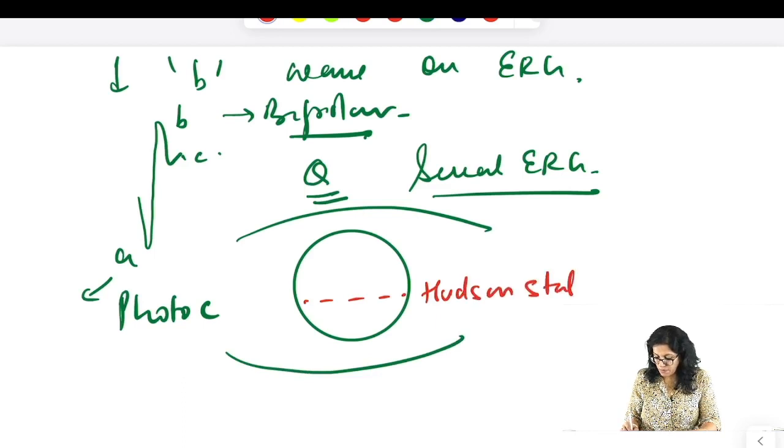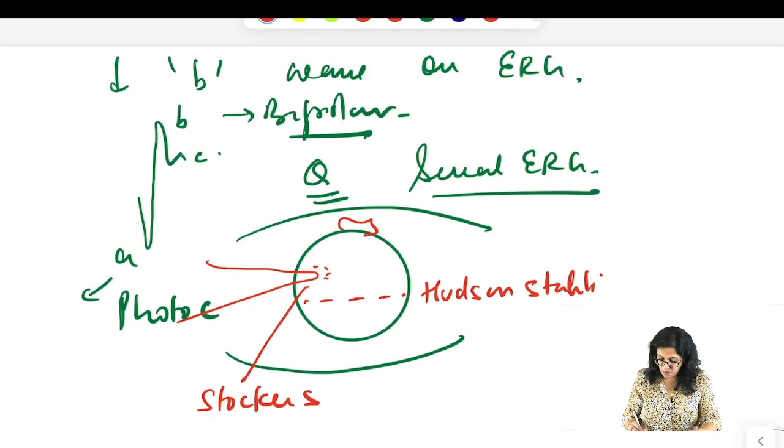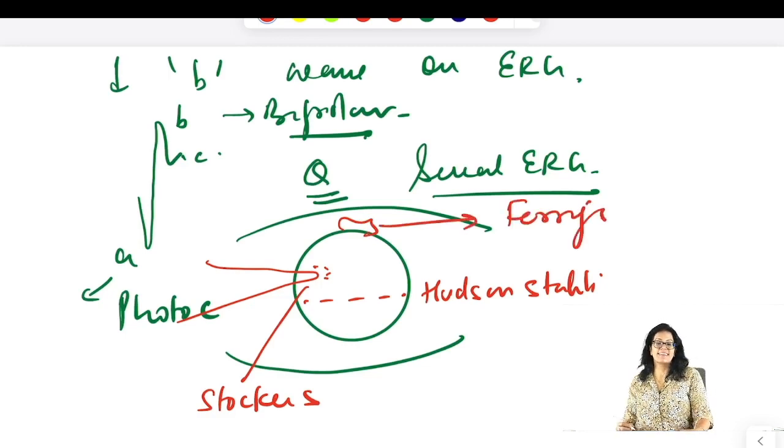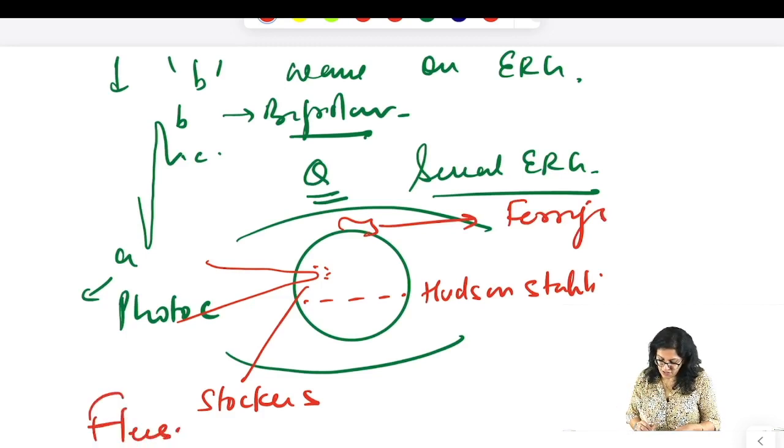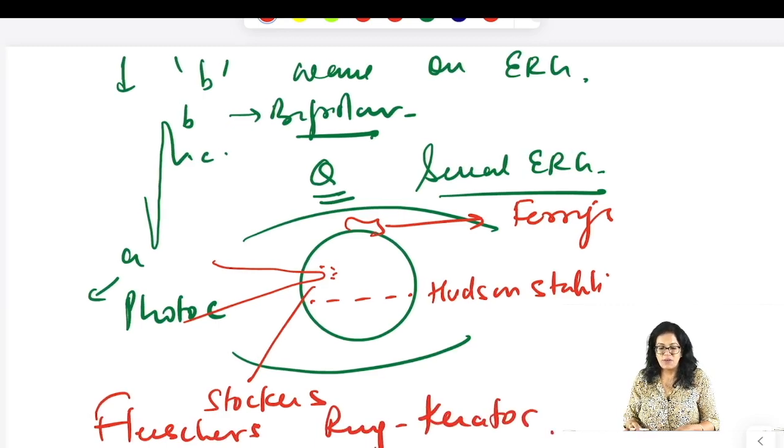So we will remember Hudson-Stahli line; we will remember Stocker's line occurs at the head of the pterygium; we will remember anything around the filtration bleb is Ferry. Are we missing any other iron deposit? Fleischer's ring. Don't forget, Fleischer's ring is an iron deposit in keratoconus.